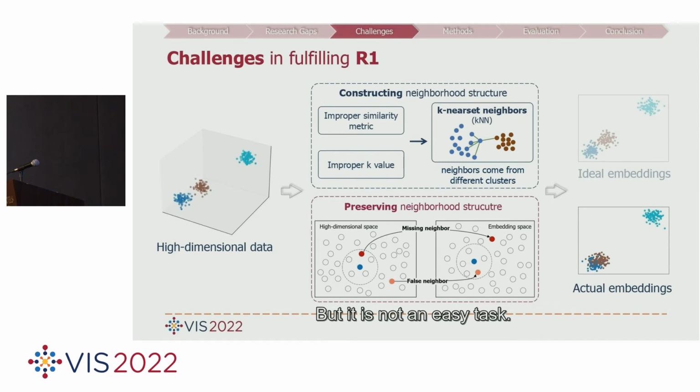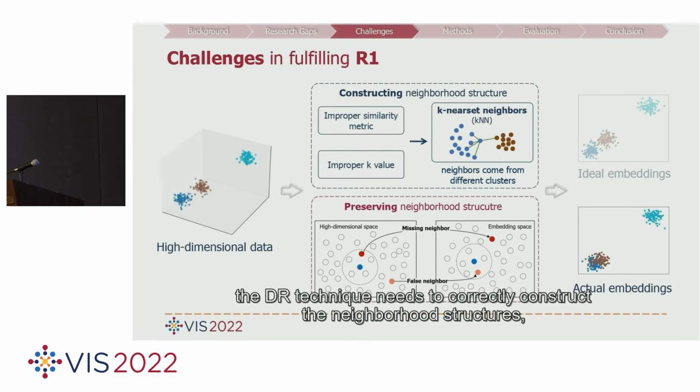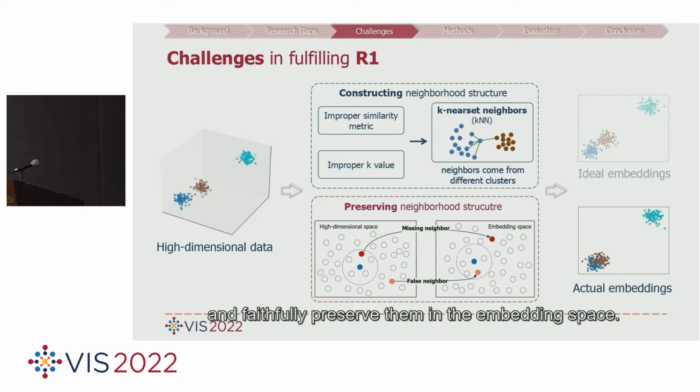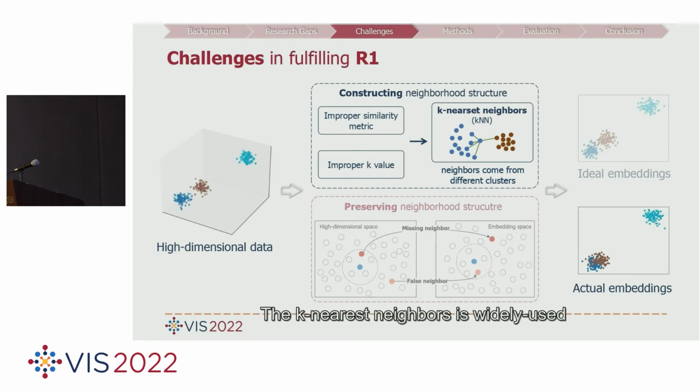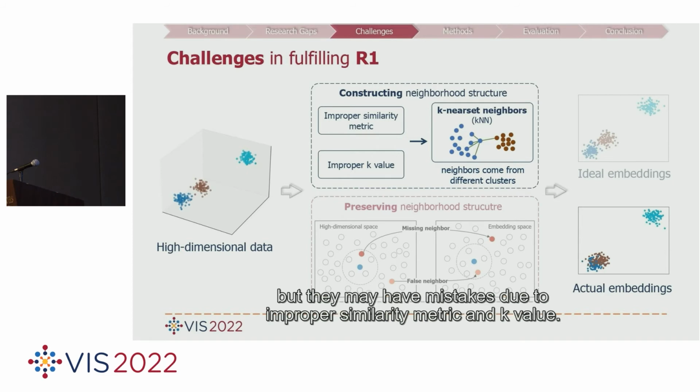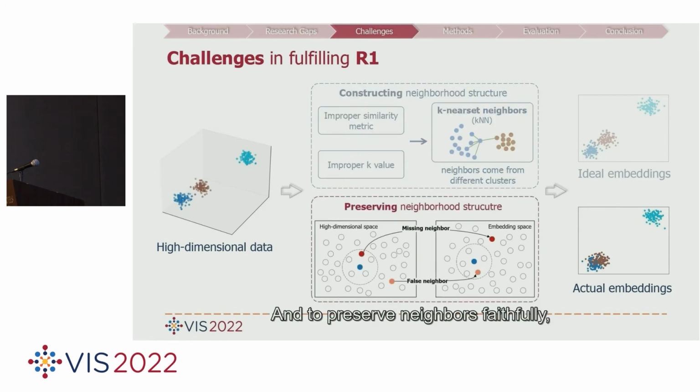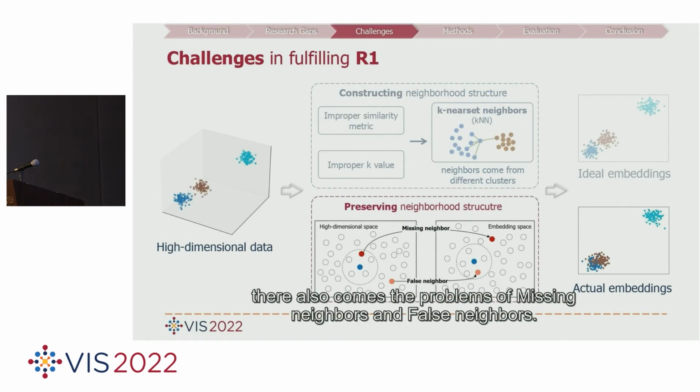But it's not an easy task. To present trustworthy clustering patterns, the DR technique needs to correctly construct the neighborhood structures and faithfully preserve them in the embedding space. The k-nearest neighbors is widely used to represent the neighborhood structures, but they may have mistakes due to improper similarity metric and k-value. And to preserve neighbors faithfully, there also come the problems of missing labels and false labels.